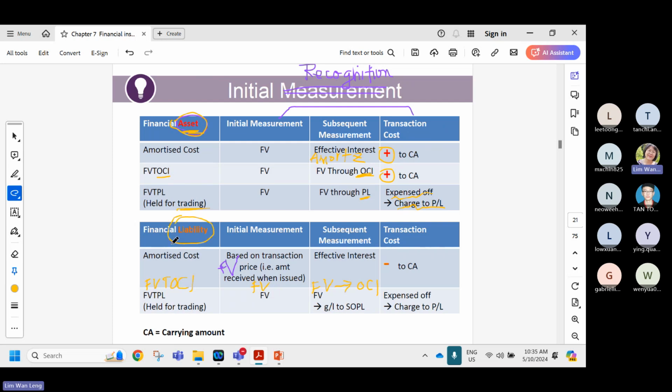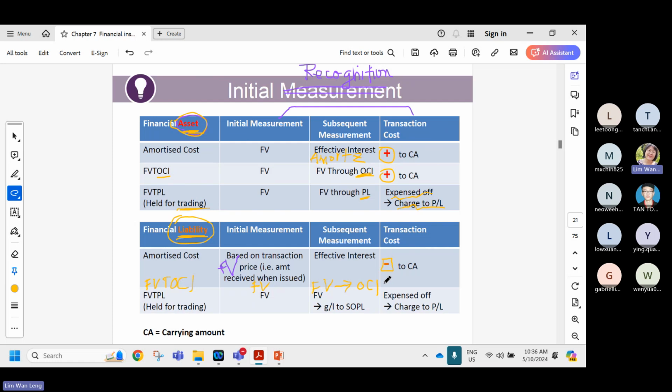For financial liability components, you will have to deduct the transaction cost from the fair value at the initial recognition. Subsequently, effective interest method or the use of the amortization table.